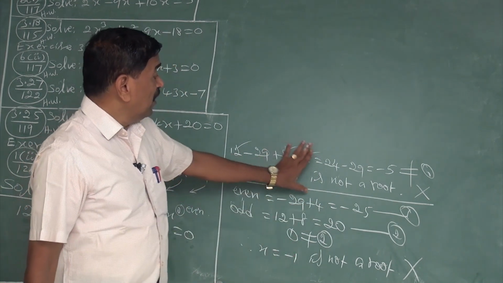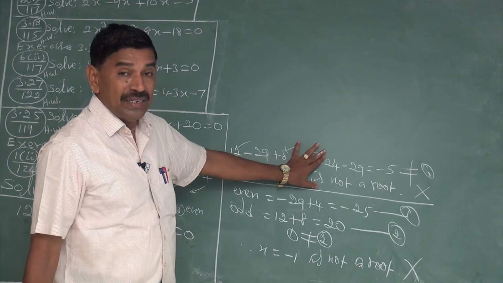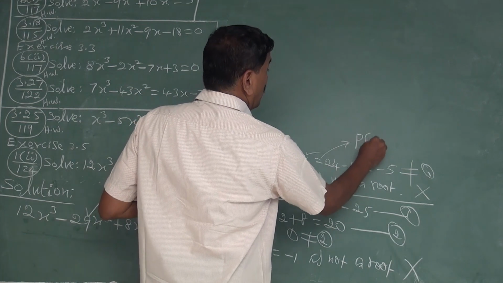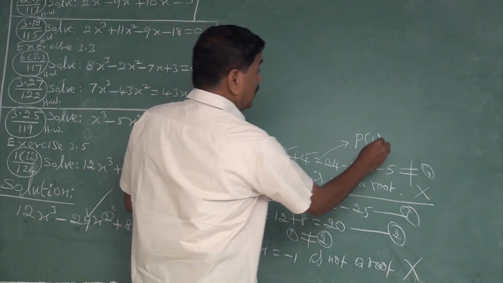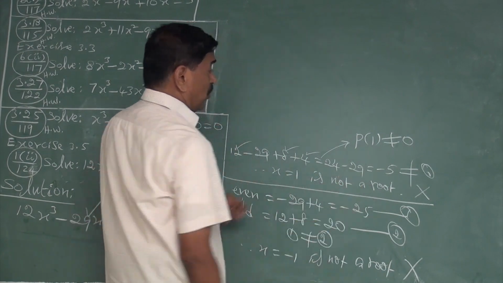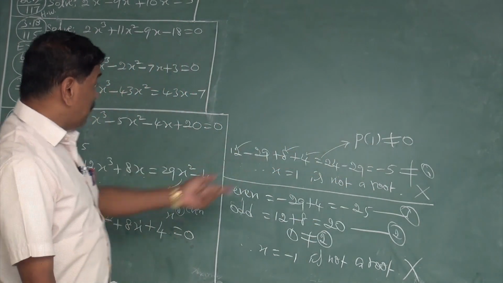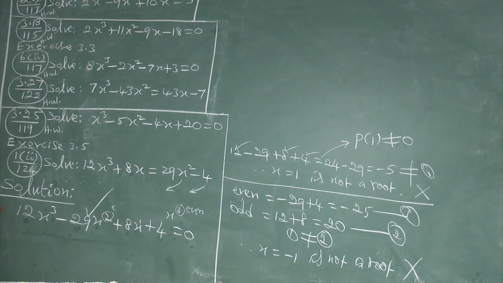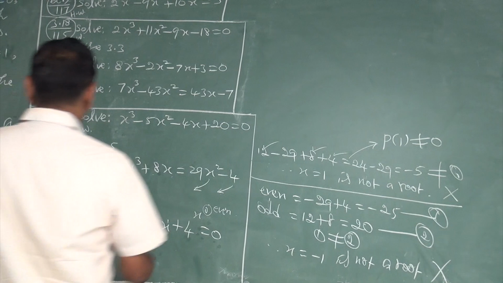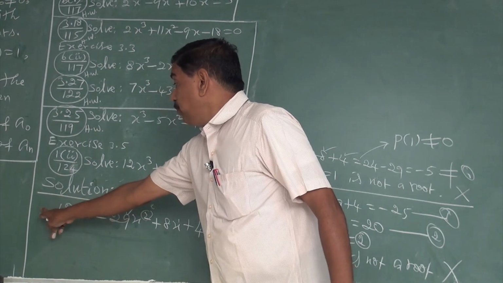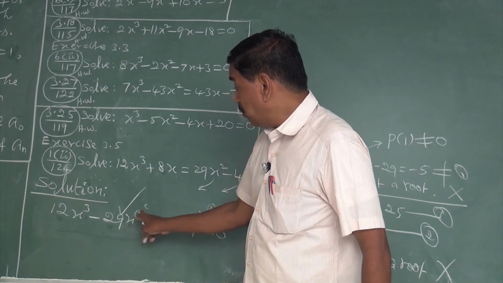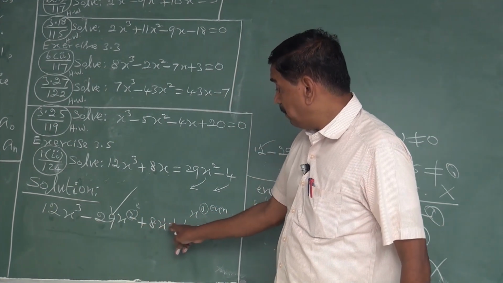Can you tell me the second way to do step 1? Instead of calculating this, one can calculate P of 1. If P of 1 is not equal to 0, then x equal to 1 is not a root. What is meant by P of 1? Here the given polynomial is P of x, so P of 1 is equal to 12 times 1 cubed minus 29 times 1 squared plus 8 times 1 plus 4.